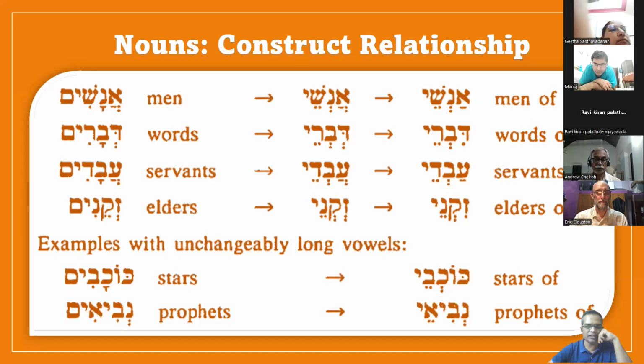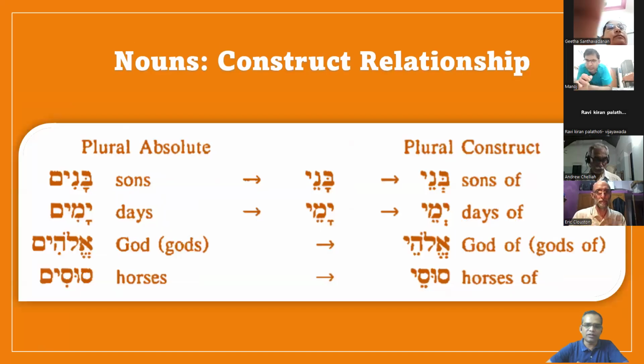The only solution is that understanding these rules will help us. Another thing is that when we continuously read the Hebrew Bible, we will get used to it. So in the days to come, in the course of time, you will be able to understand these changes.